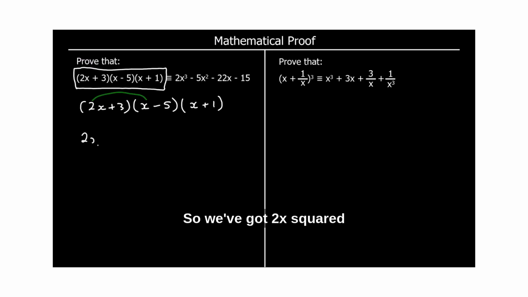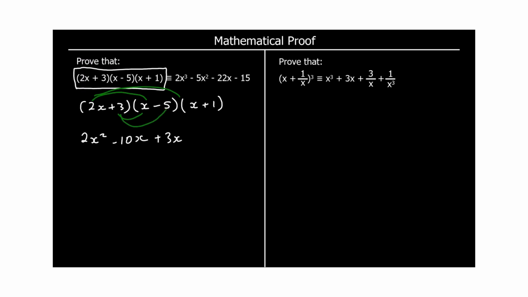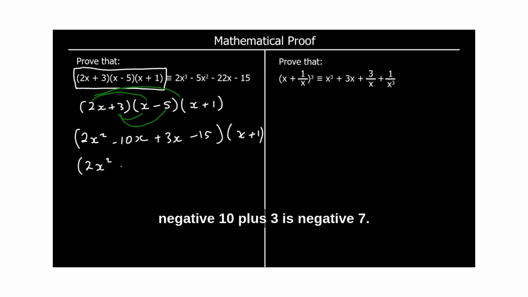So we've got 2x squared minus 10x plus 3x minus 15 times x plus 1. So simplifying, negative 10 plus 3 is negative 7.